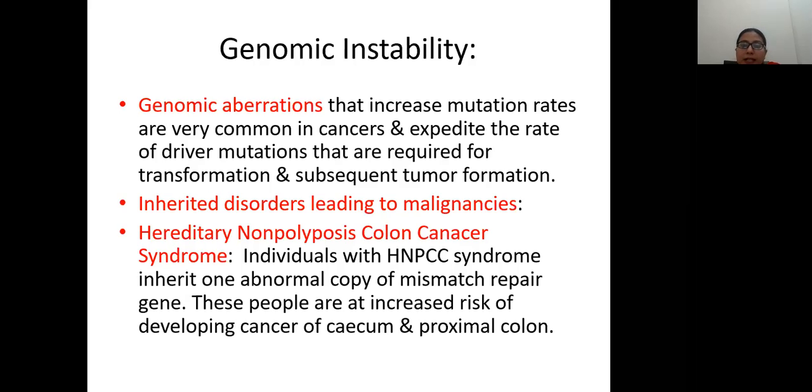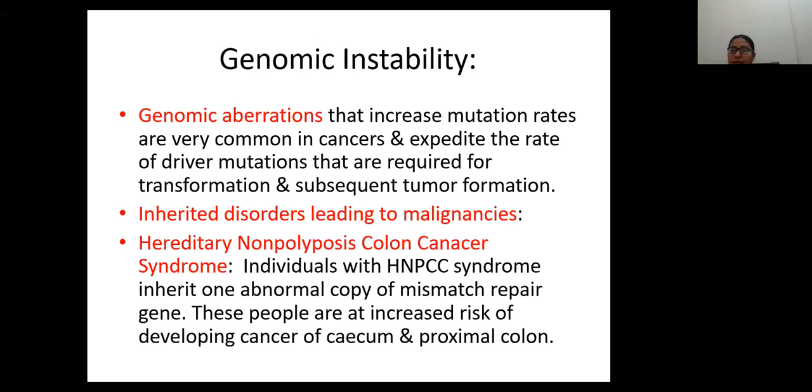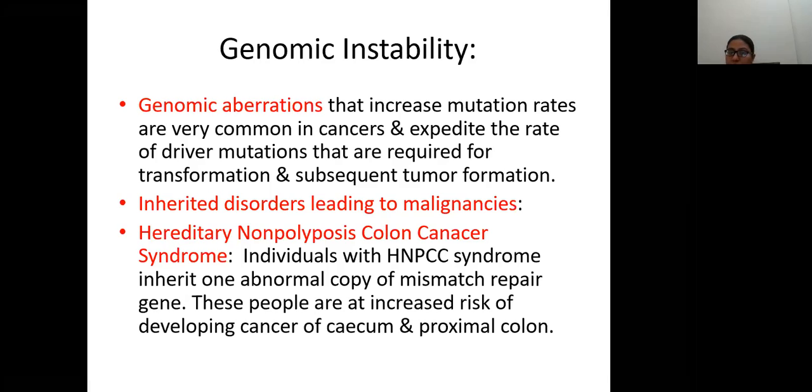Today we will discuss genomic instability. Genomic aberrations that increase the mutation rate are very common in cancers. There is genomic instability, which causes the driver mutations that are required for transformation and subsequent tumor formation.